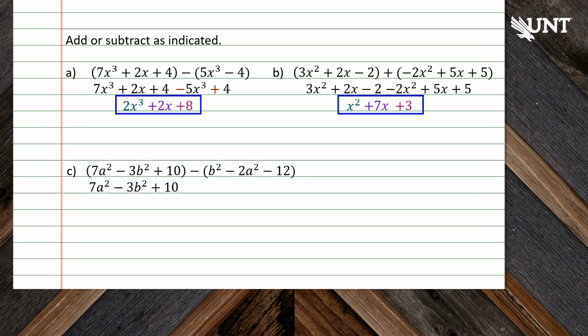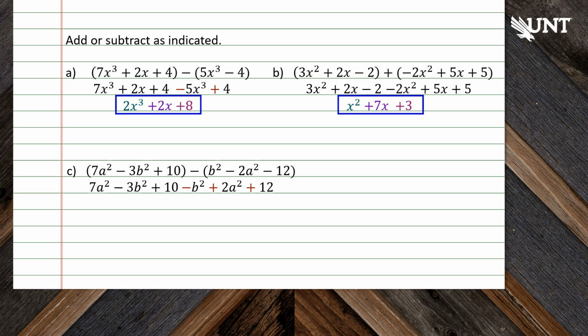So what is the opposite of b squared? It becomes a negative b squared. The opposite of negative 2a squared creates a positive 2a squared. And the opposite of negative 12 creates a positive 12. So now our expression reads 7a squared minus 3b squared plus 10 minus b squared plus 2a squared plus 12.